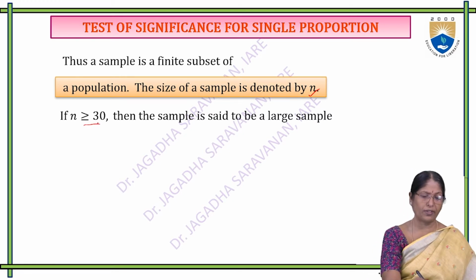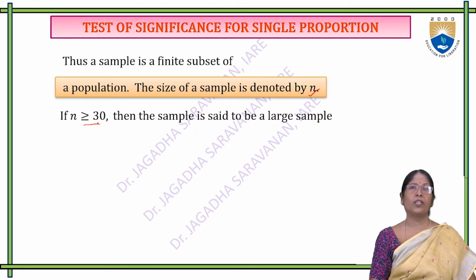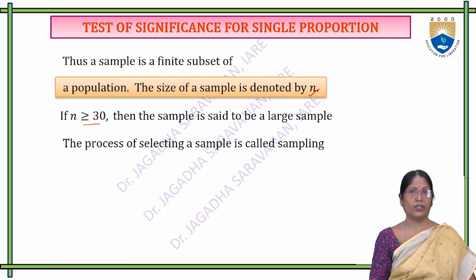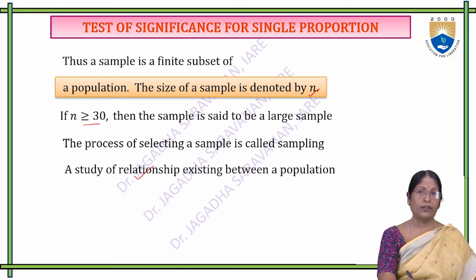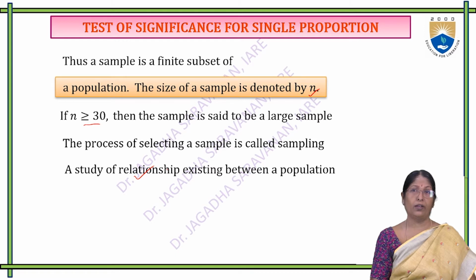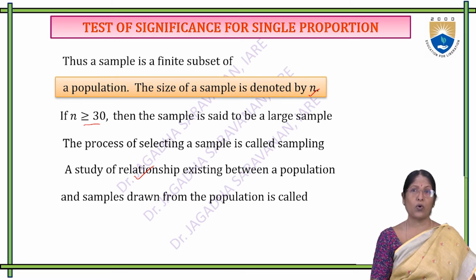If it is greater than or equal to 30, then we call it a large sample. The process of selecting a sample is called sampling, and the relationship between the population and the samples drawn from it is called sampling theory.